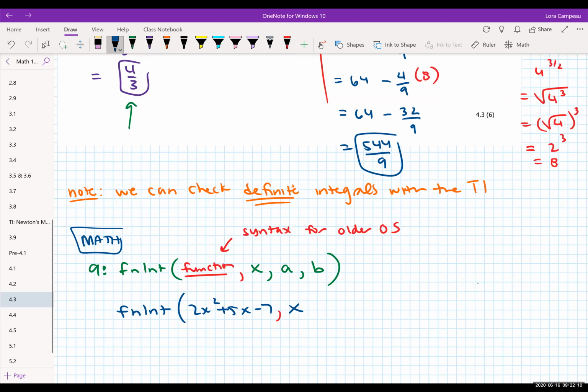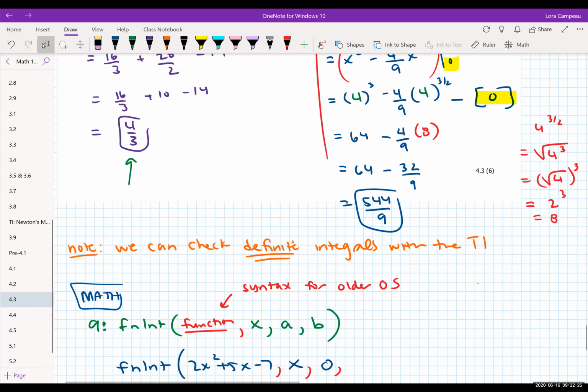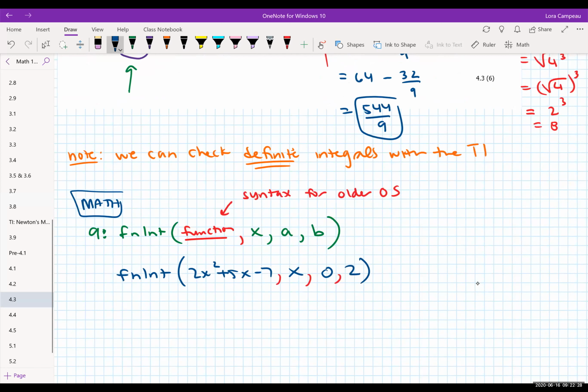My lower limit, don't forget the comma, should have been 0. And my upper limit, there should be a comma though, I'll double check one more time, I think it's 2. Yeah, it should have been 2. And then once you press enter, you will still get the same number. So we got 1.333333, and then we use fraction. And it did give us the 4/3. So that's really, really convenient.